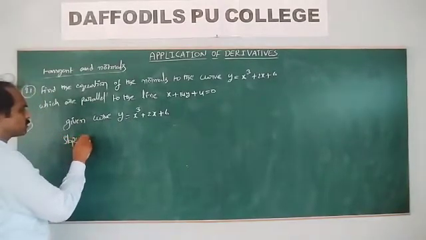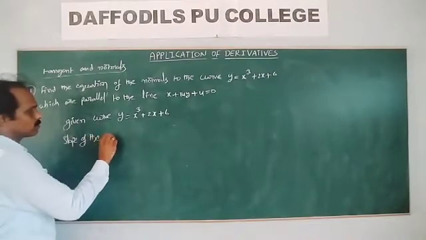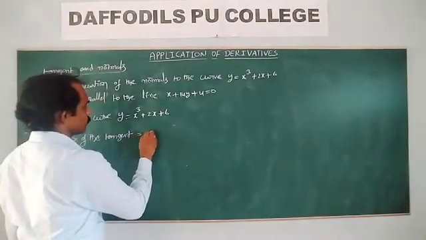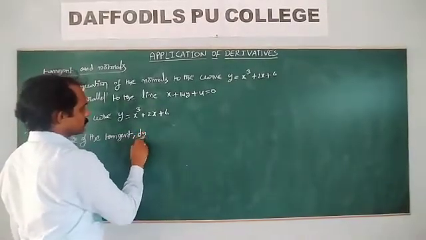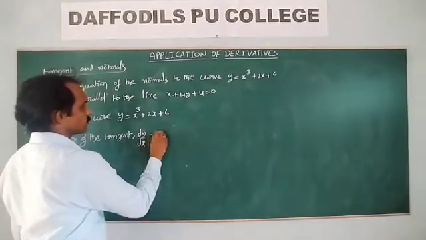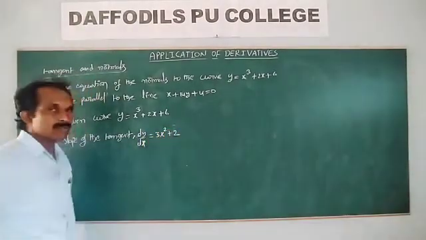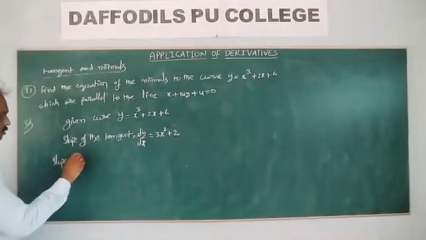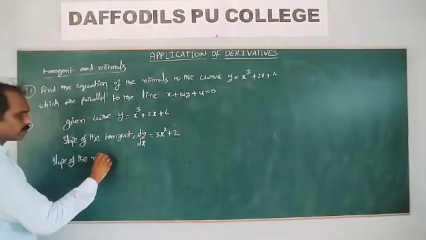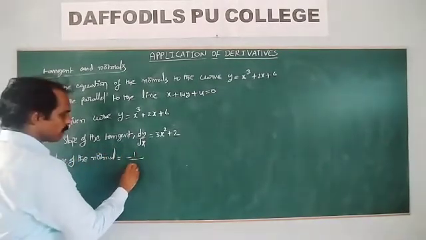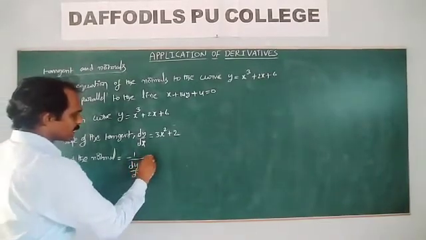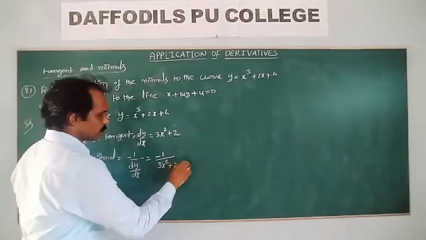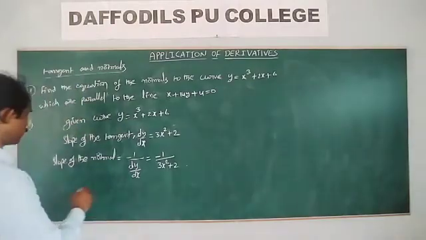Slope of the tangent, dy by dx, is equal to 3x square plus 2. Slope of the normal is equal to minus 1 by dy by dx, which is minus 1 by 3x square plus 2. Okay, right.